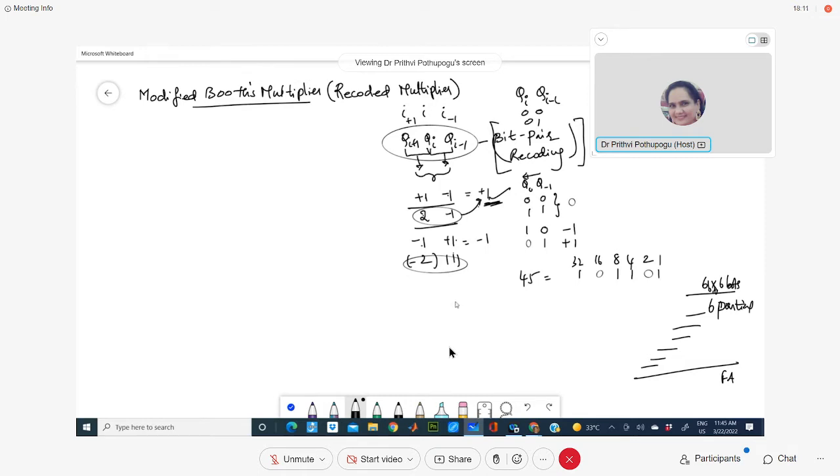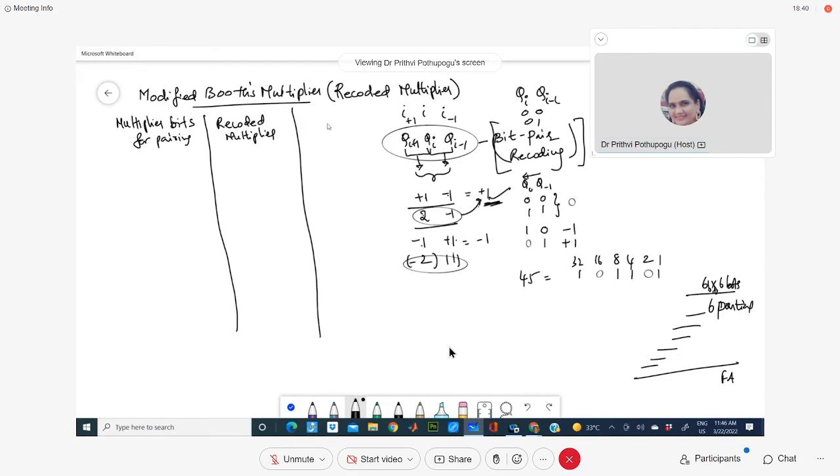Let me give a table form so that it will be a quick reference for you. Multiplier bits for pairing, recoded multiplier and bit pair, the bit pair at the ith position.